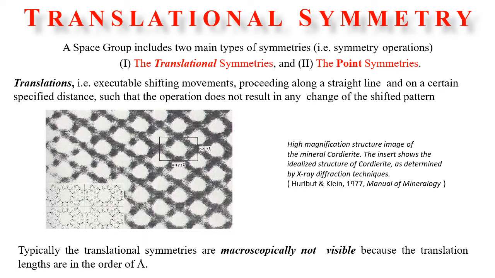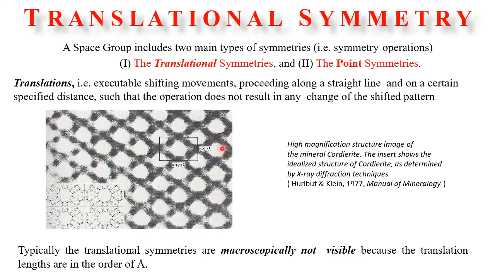The translations are executable shifting movements proceeding along a straight line over a certain specified distance, such that the operation doesn't result in any change of the shifted pattern. So you will have to make the translation in such a manner that there is no change in the shifted pattern. We can see this picture. This is a high magnification structure image of the mineral cordierite.